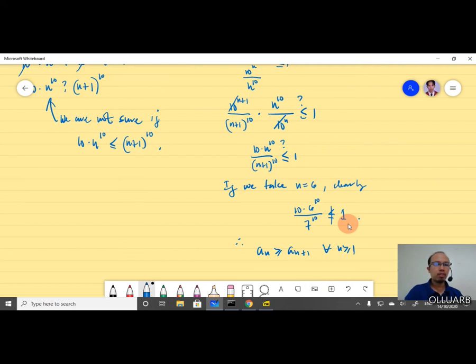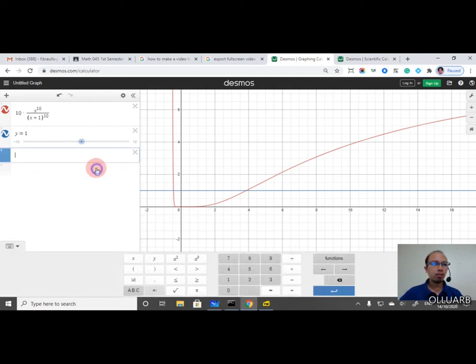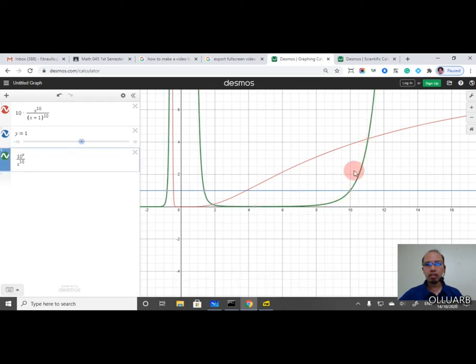You can do the same for this. Okay, so just look at the graph here and you will see that it is not decreasing. Anyway, if you look at 10 to the x divided by x to the 10, then clearly from this point here, it is increasing.